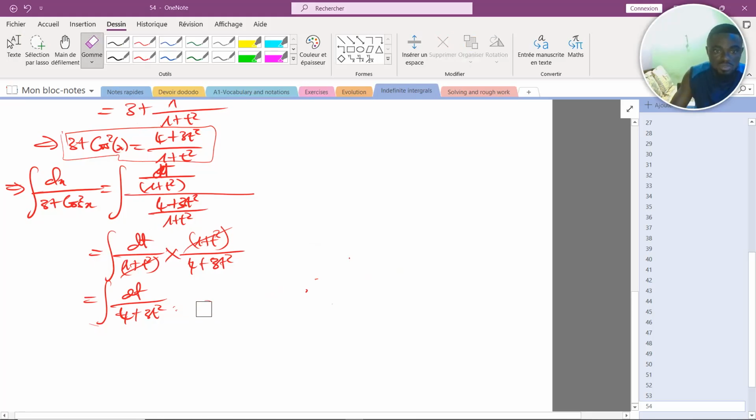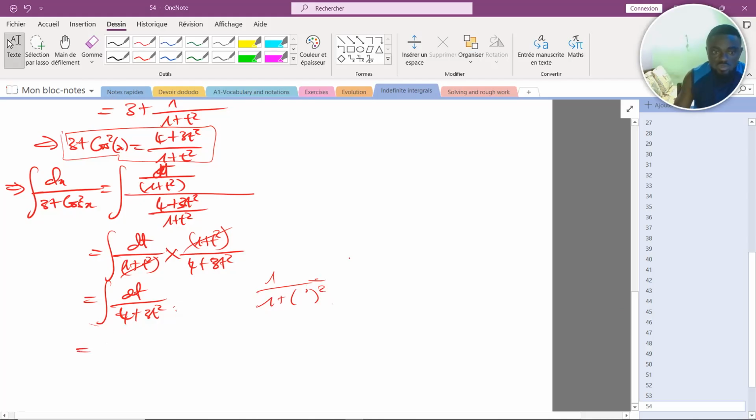Let me wipe this. To integrate this, let me first write it in the form 1 plus something all squared. You get what I'm saying? Okay, the first thing is to make this 1.